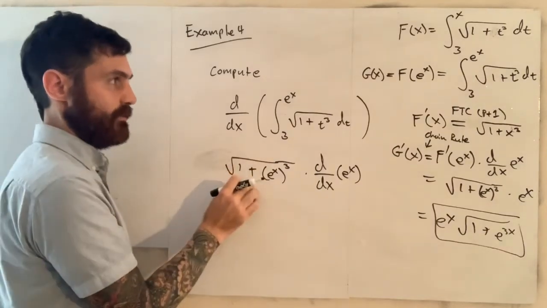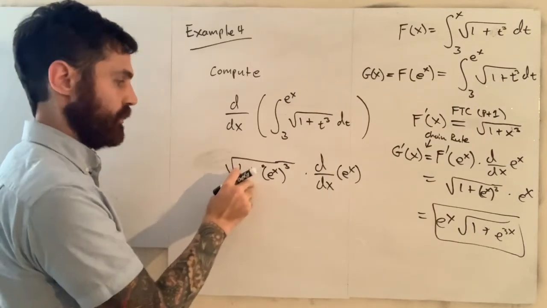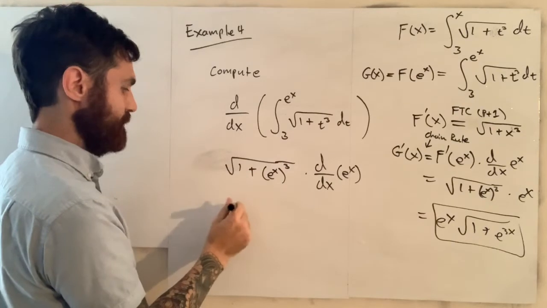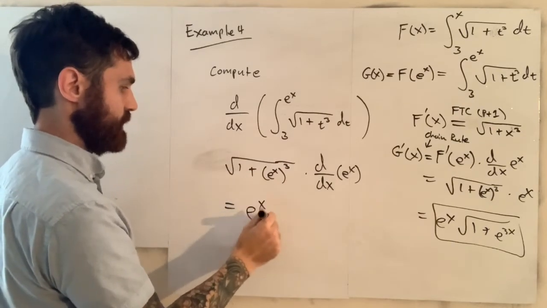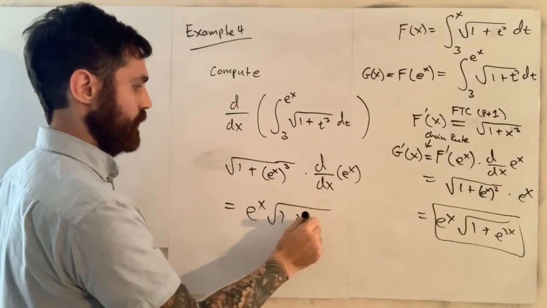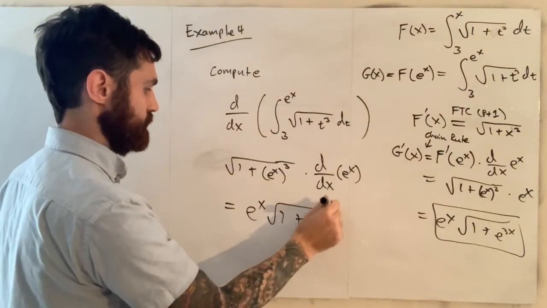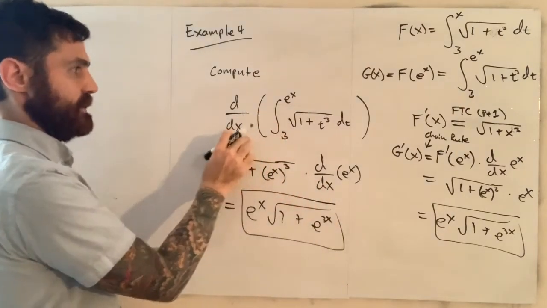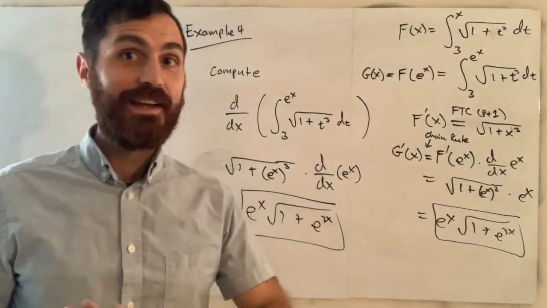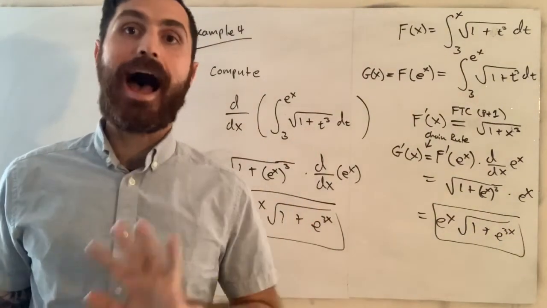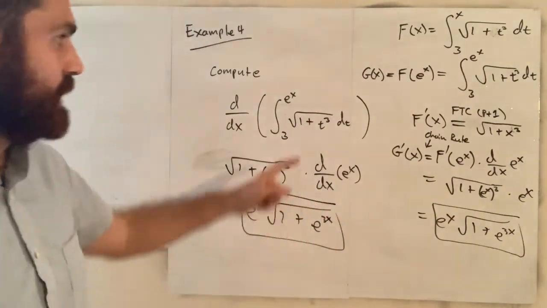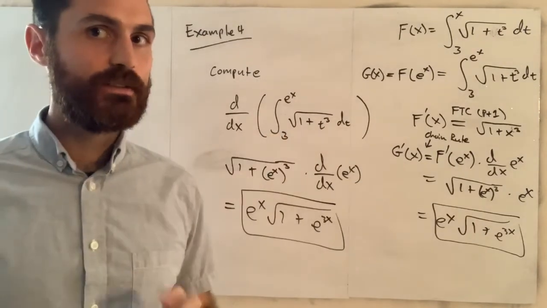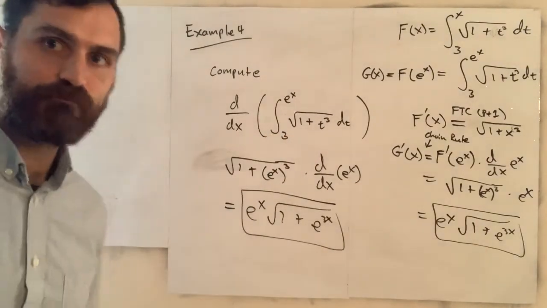And this thing comes from the fundamental theorem of calculus, part 1. And then what we're going to have is, again, just e to the x times square root 1 plus e to the 3x. So that's the answer to that. And notice I didn't have to find antiderivatives at all. That's good because antiderivatives of this are impossible.